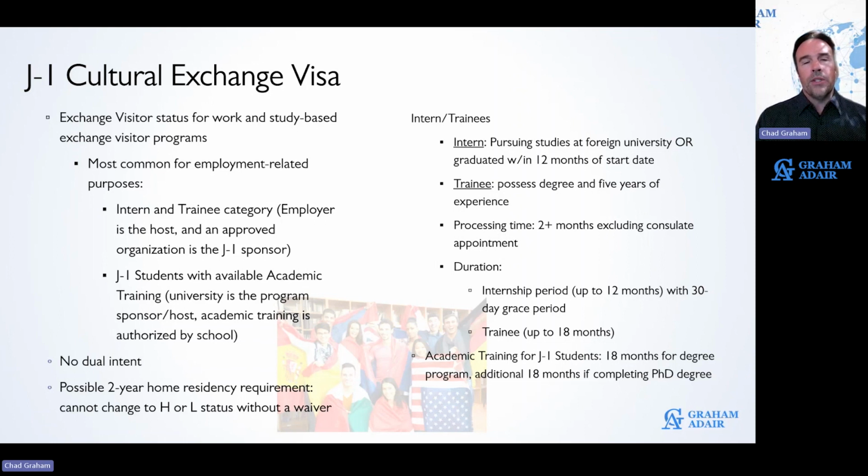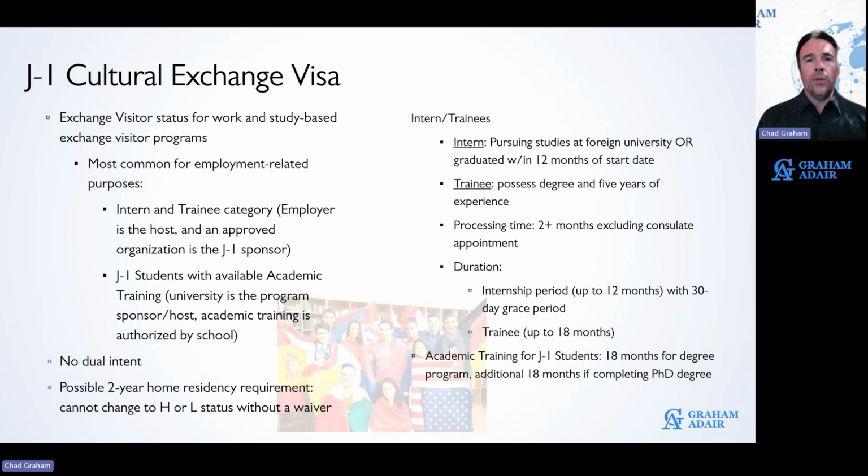There is a 2-year home residency requirement that attaches. This is one of the reasons that people don't look at J1s as often, because depending on the skills that your home country needs, you may be restricted from staying in the United States after your J1 ends. What they would want you to do is to return to your home country for at least 2 years to work there and use the skills that you gained here before you could then come back to the United States.